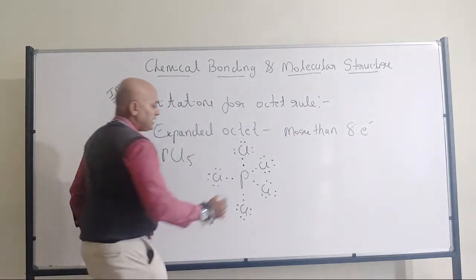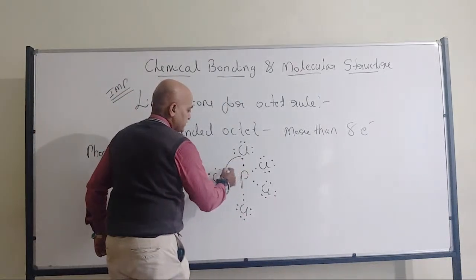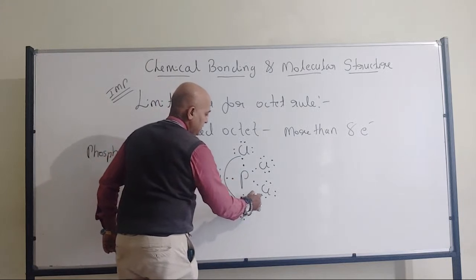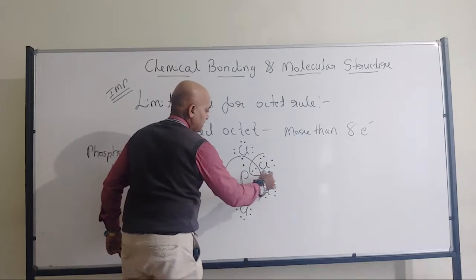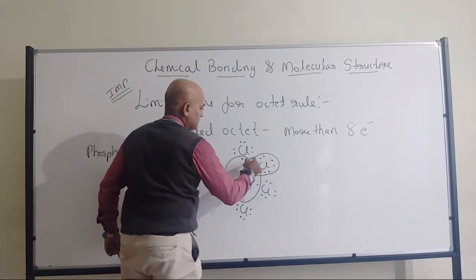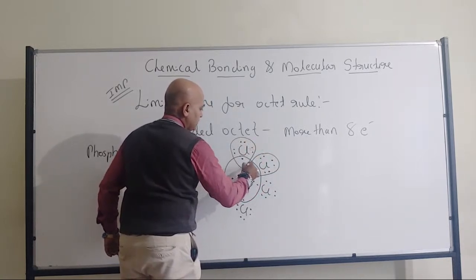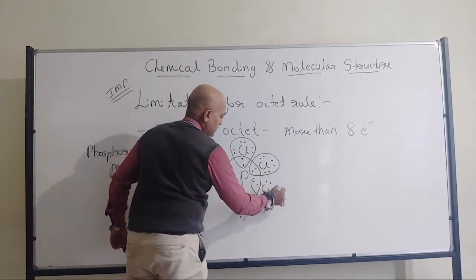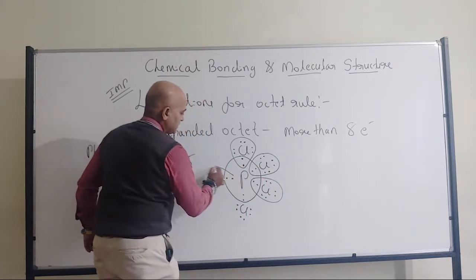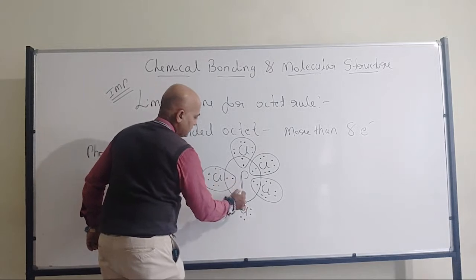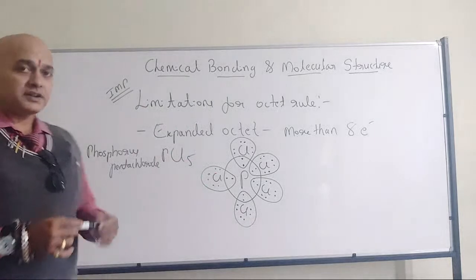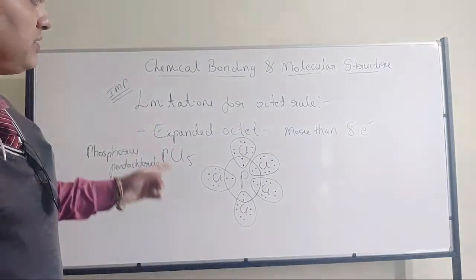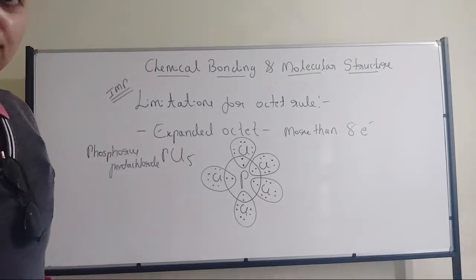Now if I want to write the Lewis dot structure, this is for the phosphorus, this is for one chlorine, another chlorine, and so on for all five chlorines. That's where I have the Lewis dot structure for PCl5.